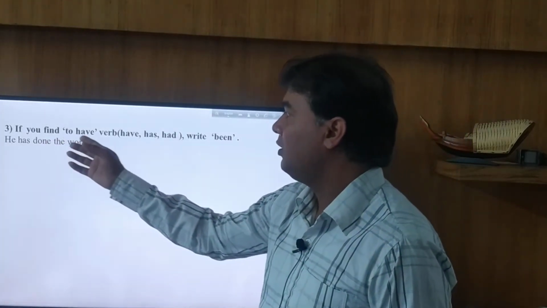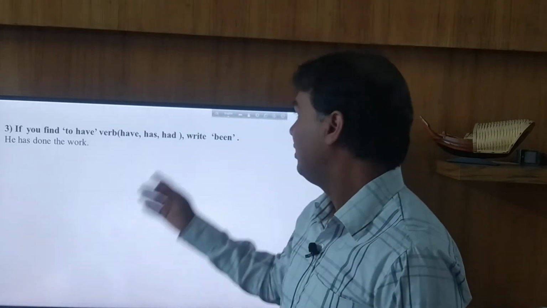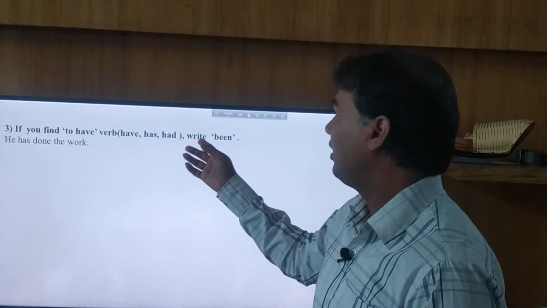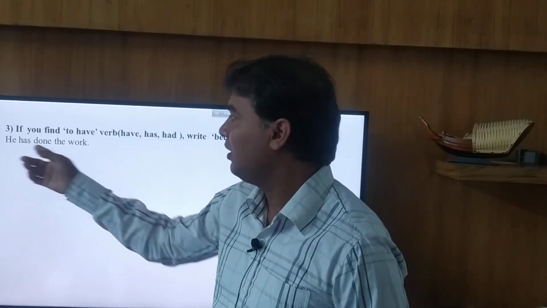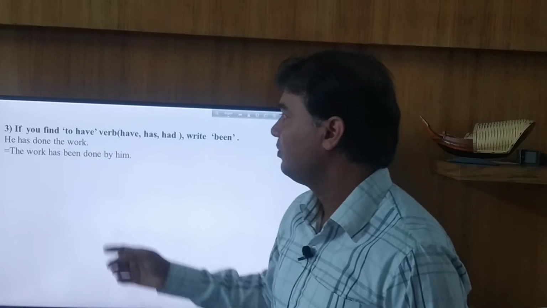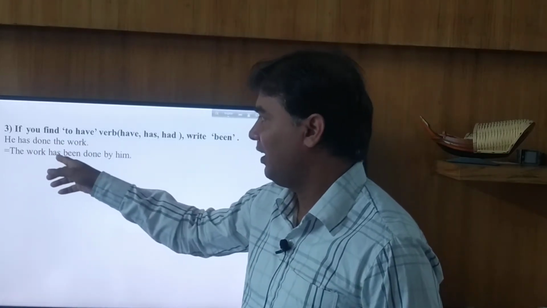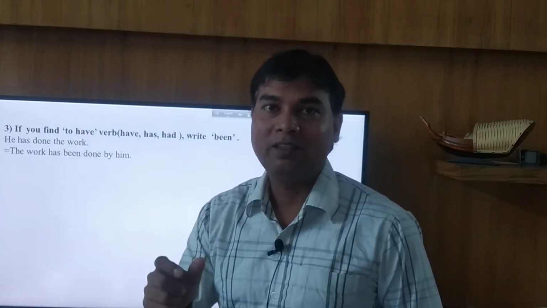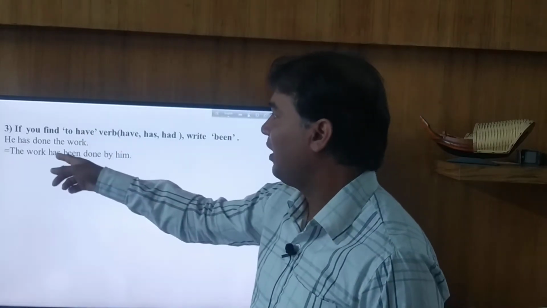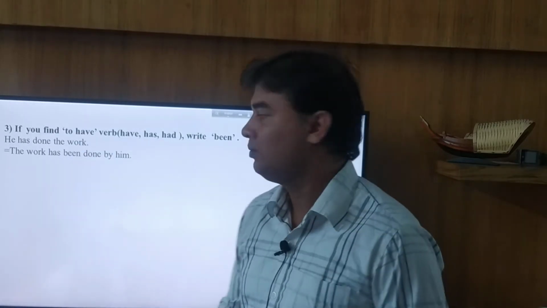Now if you find a to have verb, meaning have, has, had, you have to write extra been. Okay. For example, he has done the work. Object, the work, then has. Now you need to write been because has falls in the genre of to have verb.